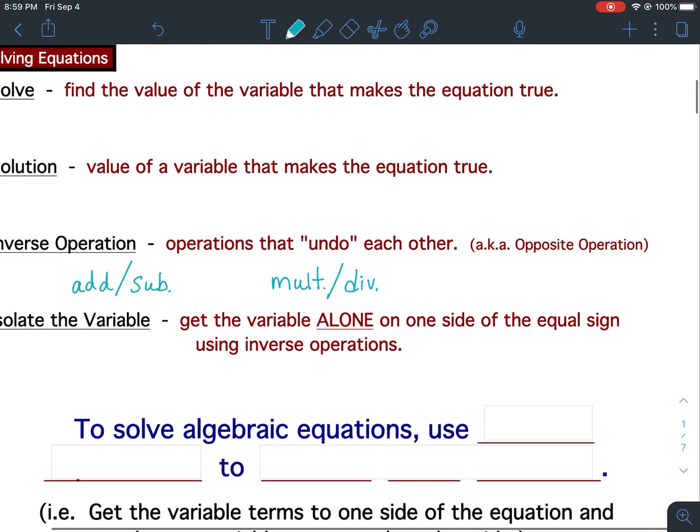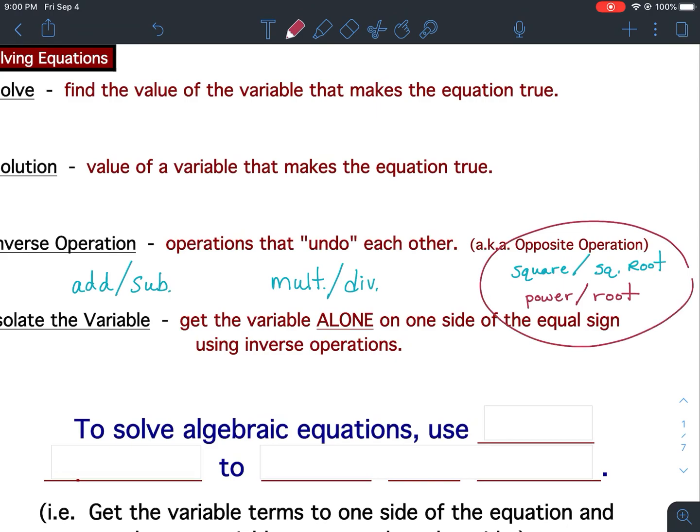Also, if you square a number, the opposite of squaring a number is the square root. Now, to put that in more general terms, x to the second power, x to the third power, x to the fourth power: if you take a power, the opposite of a power is the root.